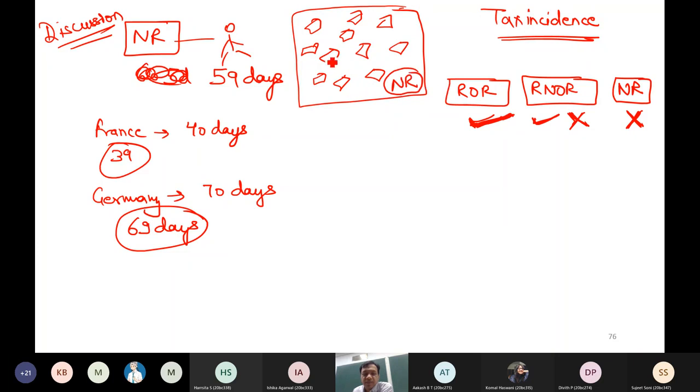Non-resident. Country A, country B, country C, country D, staying for 10 days, 15 days. In the world, we have approximately 210 countries. So even if you stay for 2-3 days, you become non-resident in every country. And because of this, it is possible that most of your income will go untaxed, not only in India, but in all the countries. It is possible that most of your incomes were going tax-free.